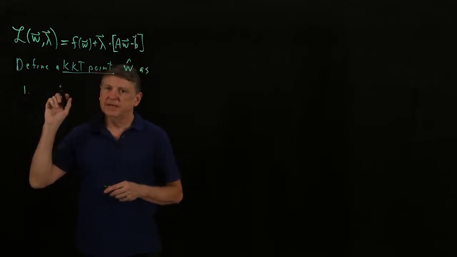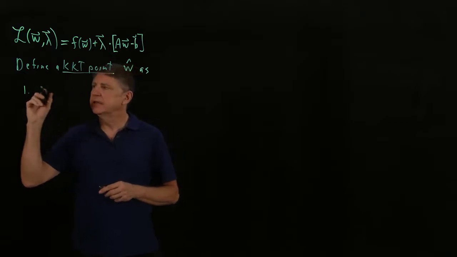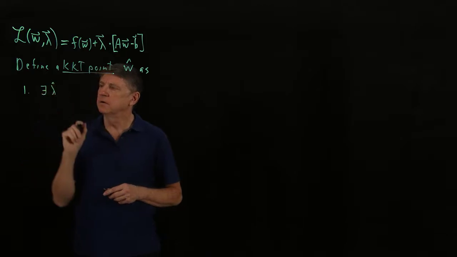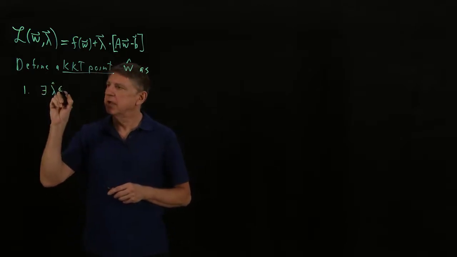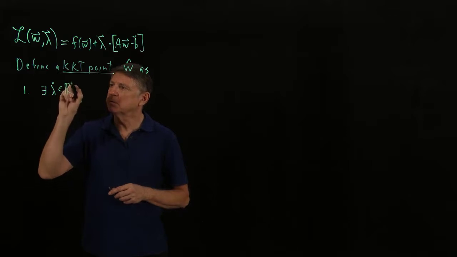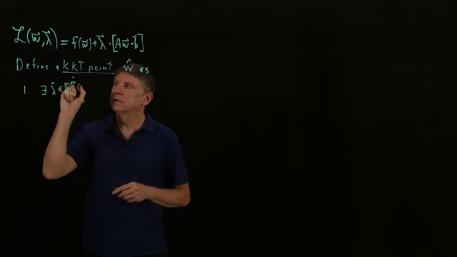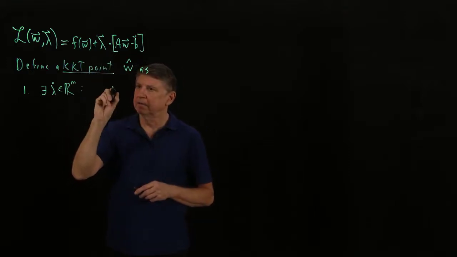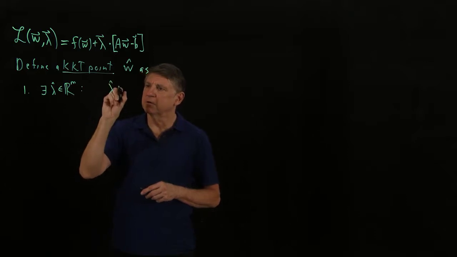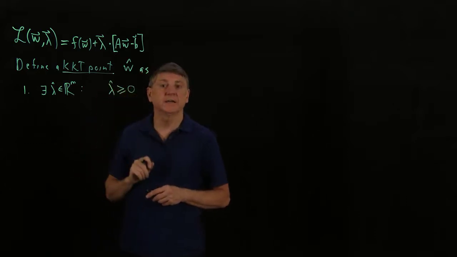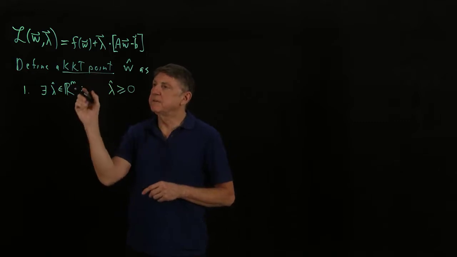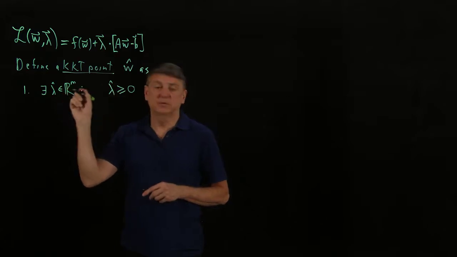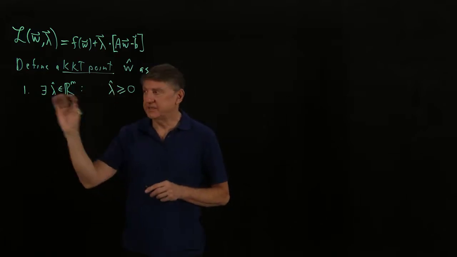One is that there exists a set of Lagrange multipliers, one Lagrange multiplier for every one of these constraints, such that every Lagrange multiplier is non-negative. Some definitions will say a KKT point and an associated set of Lagrange multipliers. We'll put that as a separate condition.